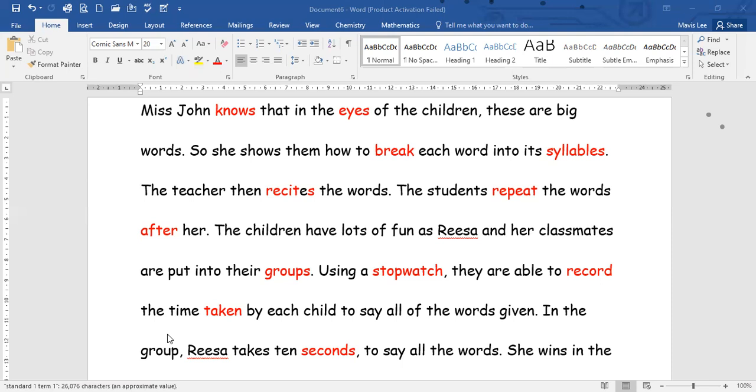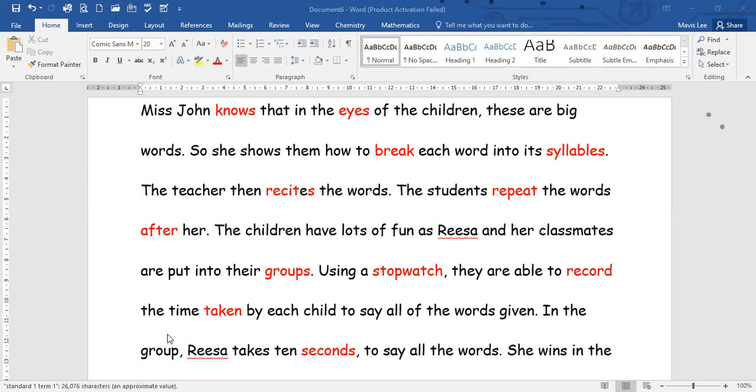Okay, listen now. Miss John knows that in the eyes of the children, these are big words. So she shows them how to break each word into its syllables. The teacher then recites the words. The students repeat the words after her.